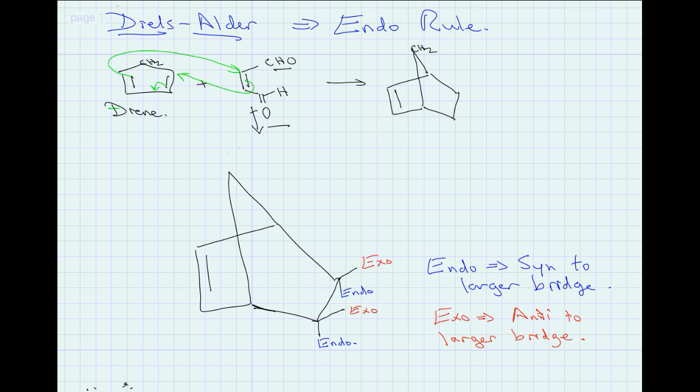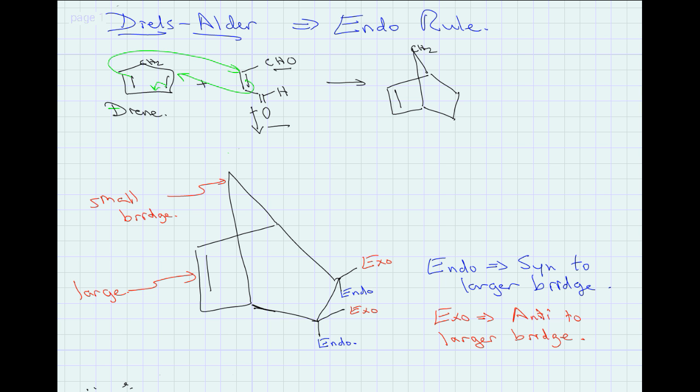Clearly you can see that this is the large bridge, and that this is the small bridge. So those are our two bridges. So you can see that the endo product is syn to the large bridge, and the exo product is anti to the large bridge. And we almost always observe the endo product.